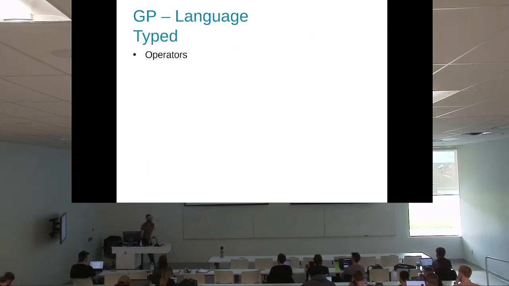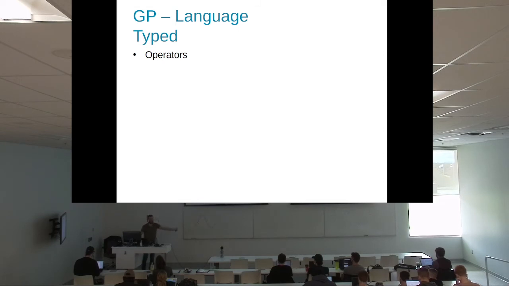So, that was untyped, or one-typed, because they were all numbers. All the values were numbers, and all the operators worked on numbers and gave you back a number. But we can talk about different types of problems where we have more than one type.